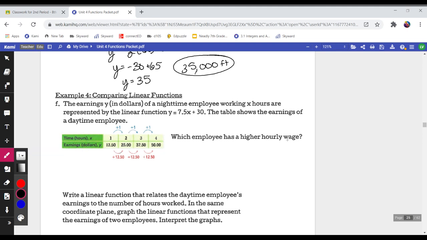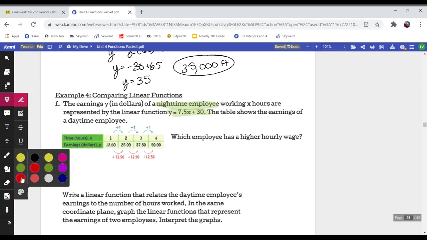There are two different people: the nighttime employee, represented with y equals 7.5x plus 30, and the daytime employee, represented with the table.